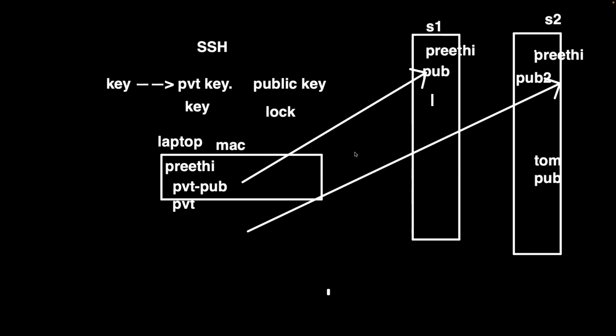Then how are you connecting to an AWS instance? The same concept, but it is done differently. How it is done differently, I'll tell you. See, let's suppose this remote machine is your AWS instance. But you may be asking, we did not generate a key pair. Yeah, let's say this is an AWS server. We did not generate the key pair. It is doing it in a different way. This instance is generating a key pair.